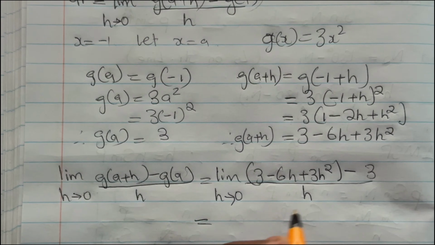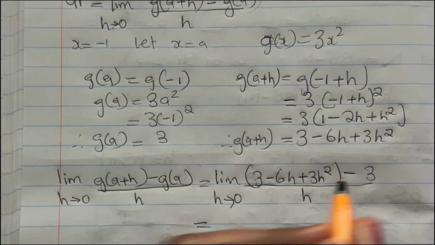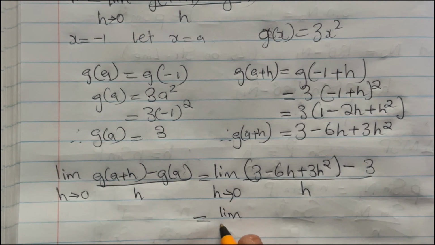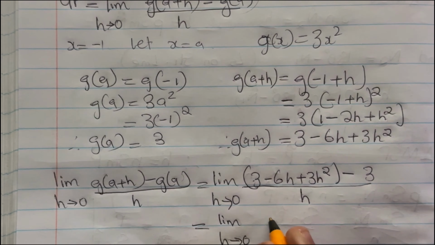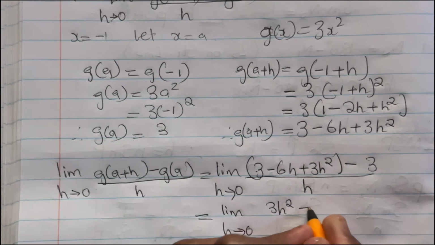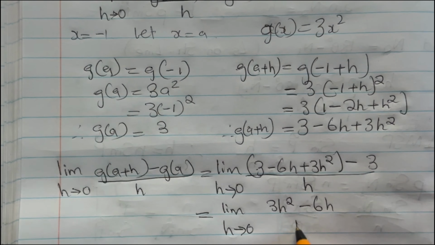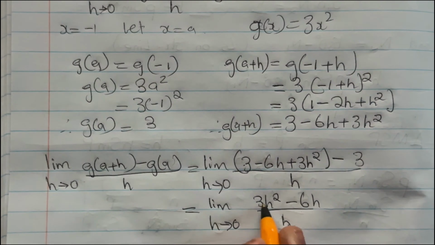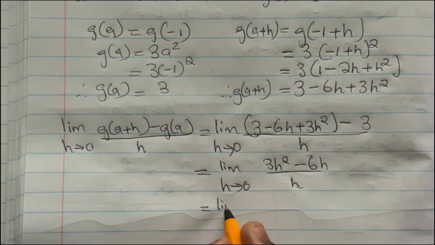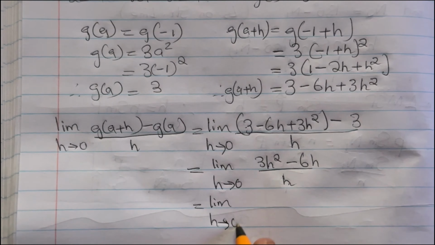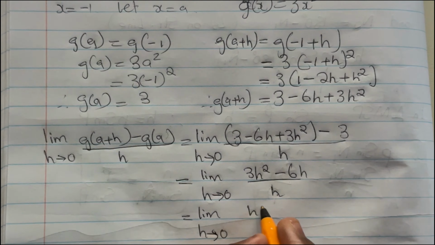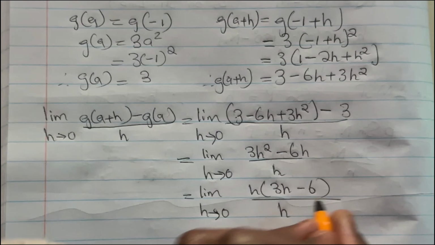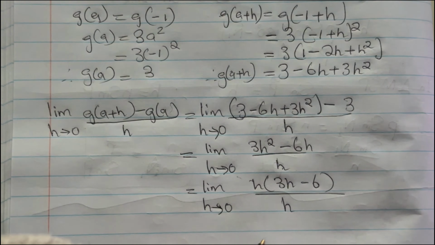So when we simplify further, we can see that 3 minus 3 cancels out. Then we have the limit as h approaches 0 of 3h squared minus 6h, divided by h. To get rid of this h, we can factorize: the limit as h approaches 0 of h into (3h minus 6), divided by h. So these two are going to cancel each other.